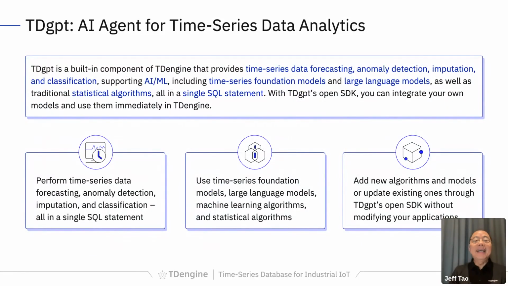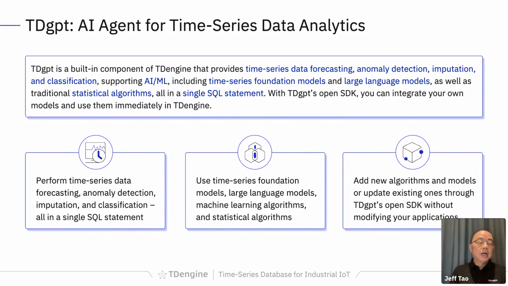TDgpt is an AI agent for time series data analytics. It's a built-in component of TDengine. So if you go to our TDengine website and download TDengine, it's a built-in part. This TDgpt provides time series data forecasting, anomaly detection, imputation, and classification.